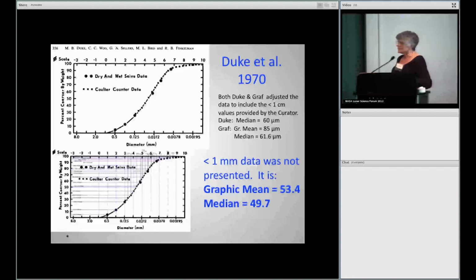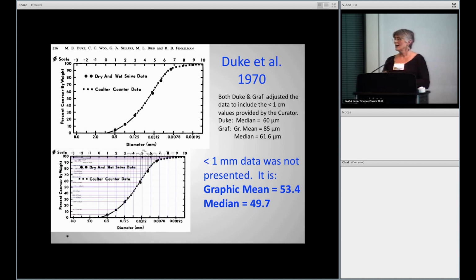John Graff reinterpreted his data, got about 61.6 for the median, and a mean of 85 microns. That's a graphic mean, which is a little different from a regular arithmetic mean, but that's terribly complicated, and I'm not going to bore you with it. But in any case, the less than 1 millimeter data was not presented in the John Graff Lunar Soil Grain Size catalog, only the 1 centimeter to 1 millimeter.